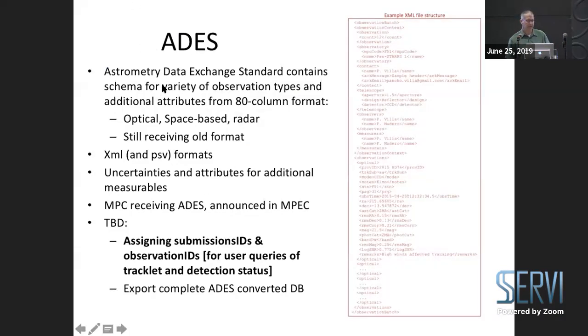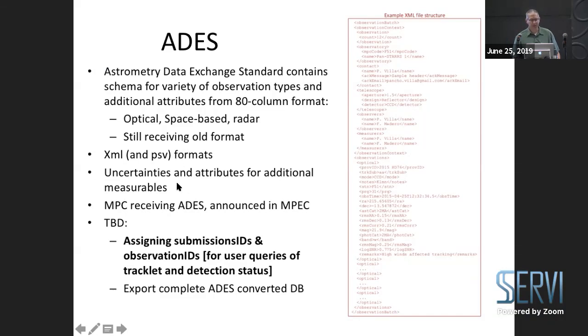The MPC has also stood up a new astrometry data exchange standard, ADES. This is an XML-based reporting format. It also has a pipe-separated value format associated with it.